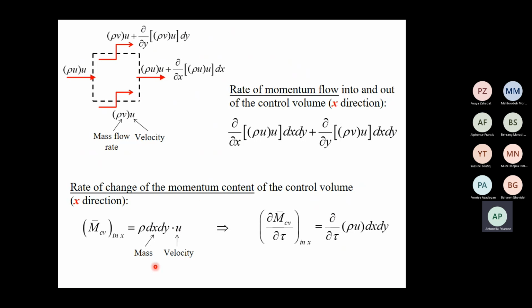The momentum content is the mass, obtained as the density by the volume, multiplying the velocity u, because I'm considering the x direction, and I consider the u velocity component. If I have to do the derivative in time, I simply do the derivative in time, nothing else. The x and the y are constant, and I keep the rho u in the tau.